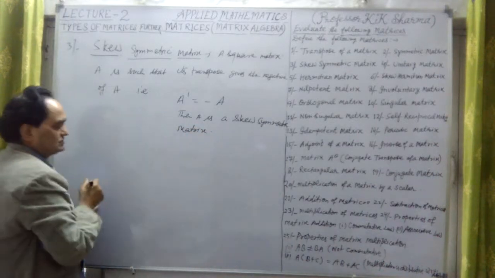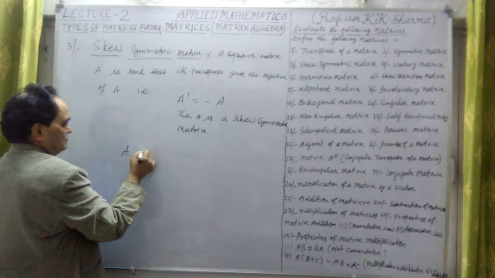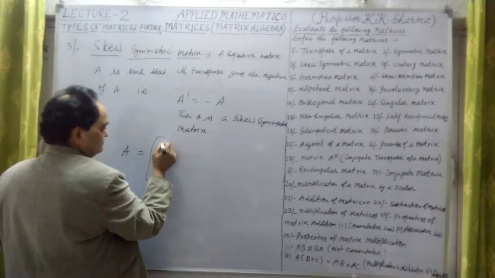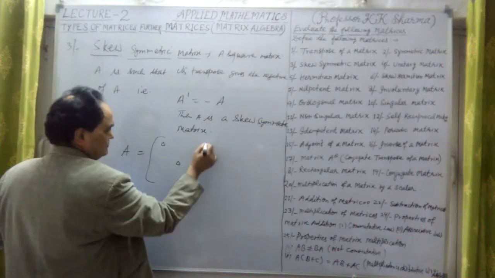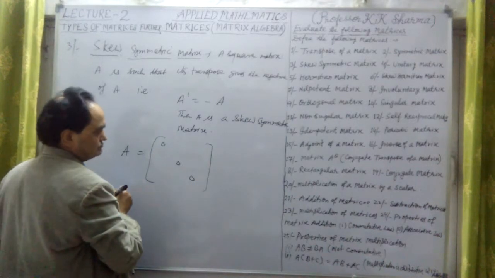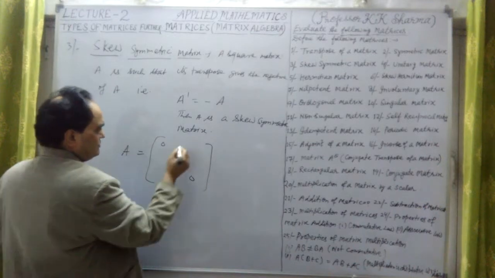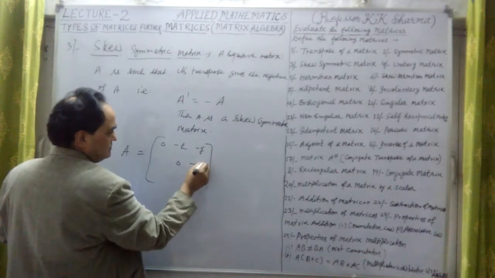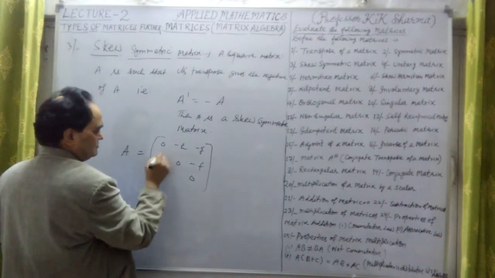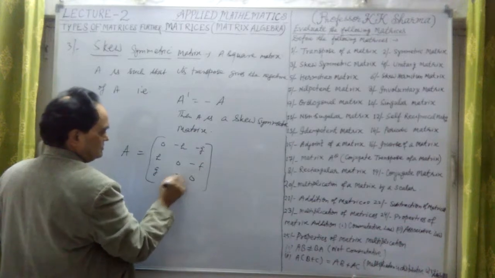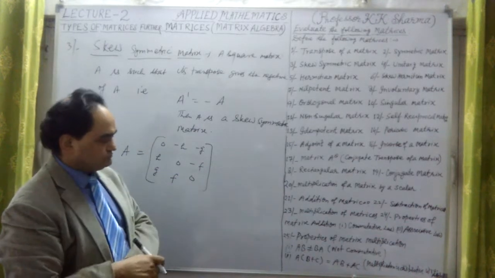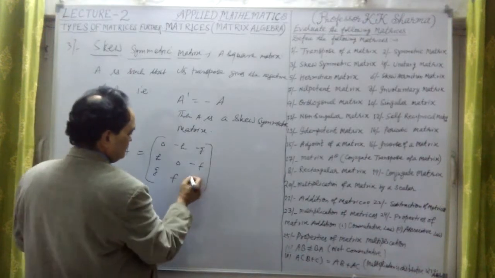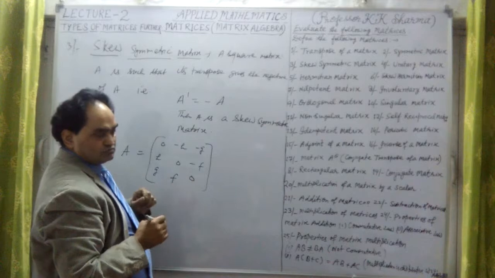Let me take an illustration. If I take A equal to the matrix with 0, H, G in the first row, minus H, 0, F in the second row, and minus G, minus F, 0 in the third row.